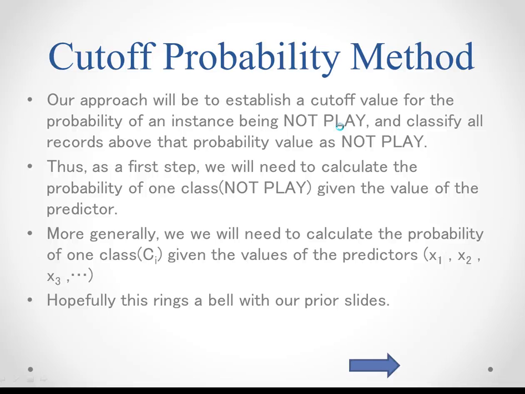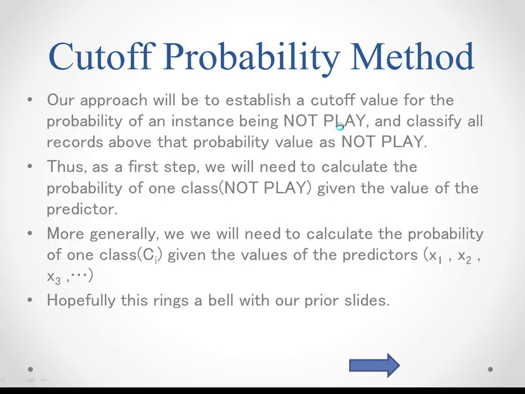So let's think about it for cancer. What should we do? We want to have a cutoff value. Normally it would just be 50-50, right? If it's above 50%, we'll say they have cancer, and if it's below 50%, we'll say they don't have cancer, right? That's the way we described it over here. But how could we adjust that if we were more worried about missing that they have cancer?